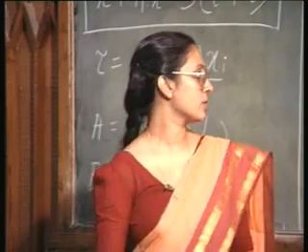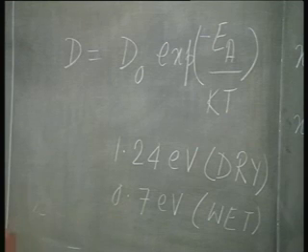And for wet oxidation, this value is seen to be about 0.7 electron volt, which again matches with the diffusivity of water vapor through silica. So, this is an indirect experimental verification of the Deal-Grove model. So, B increases with temperature primarily because of this. Okay.